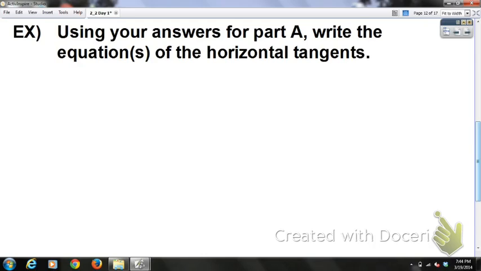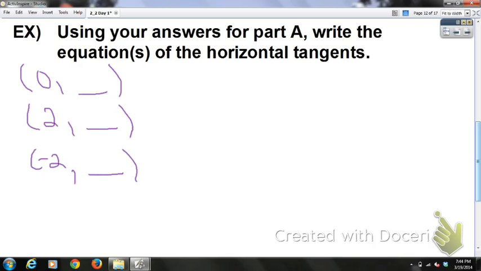So there are 3 ordered pairs where a horizontal tangent line occurs: when x was 0, when x was positive 2, when x was negative 2. Just like we did earlier, I need to know the y value because horizontal tangent lines are y equals some number. So I need to know what is the y value when x is 0, when x is 2, and when x is negative 2.